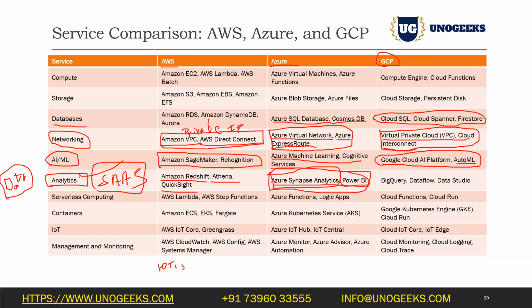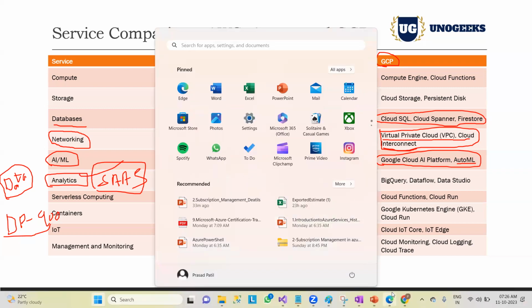We have a separate examination, DP-900. DP-900 in Azure certification. Okay, this DP-900 is used especially for analytical services and data engineering. Okay, these are the main important topics. So we will see how analytical services are listed in Azure.